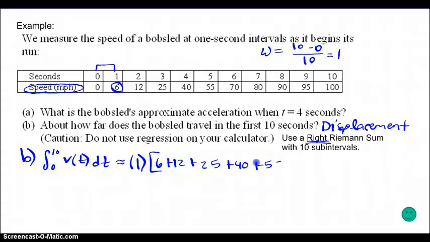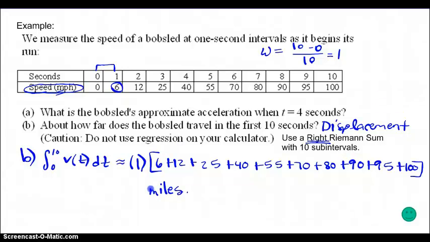And we add up all of those heights that are really easy to find because they're right there on our table. So there is the distance, or how far the bobsled traveled in the first 10 seconds. And this is miles according to the units from our velocity function.